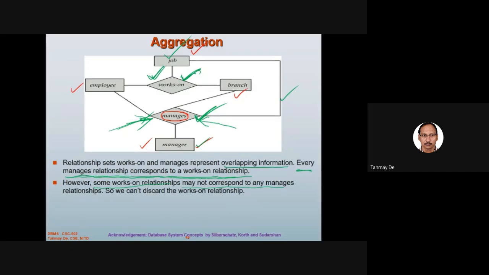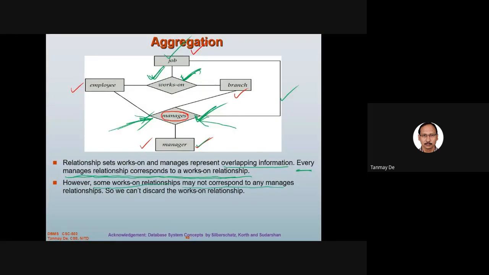That is, there may be some employees who do not manage things, but they can do some job in a particular branch, or maybe more than one branch, but they are not related to the managers. There may be some employees who are not related with the managers or manager. So for this purpose, work on is required.